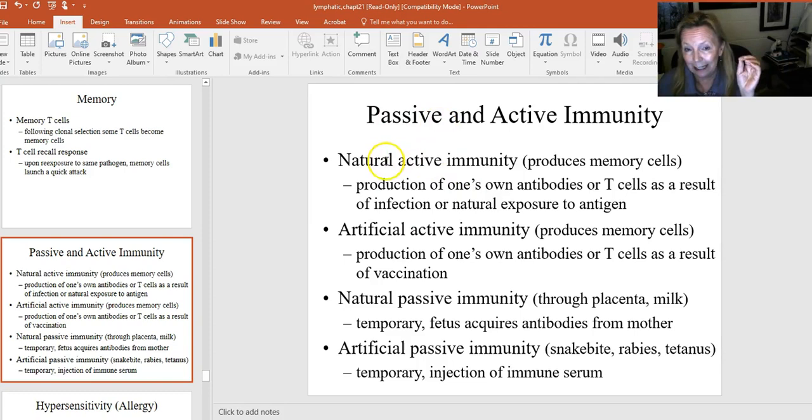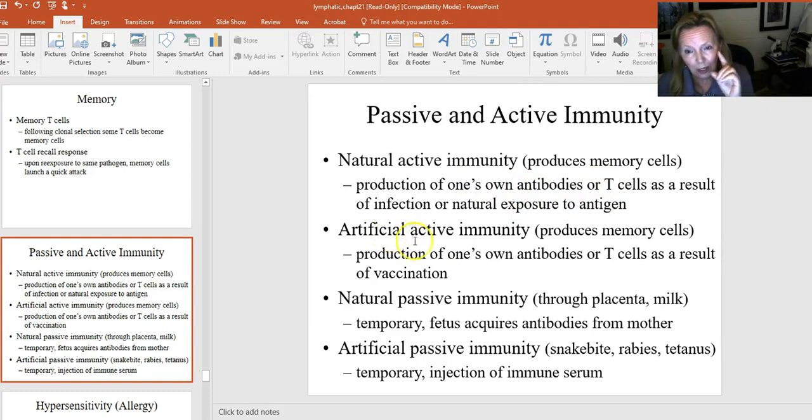So in natural active immunity, it means that you have actually encountered the foreign antigen, and you probably had the disease. Or most things don't ever cause noticeable signs and symptoms, but we produced our own memory B cells and our own memory T cells, and so now we have natural exposure.